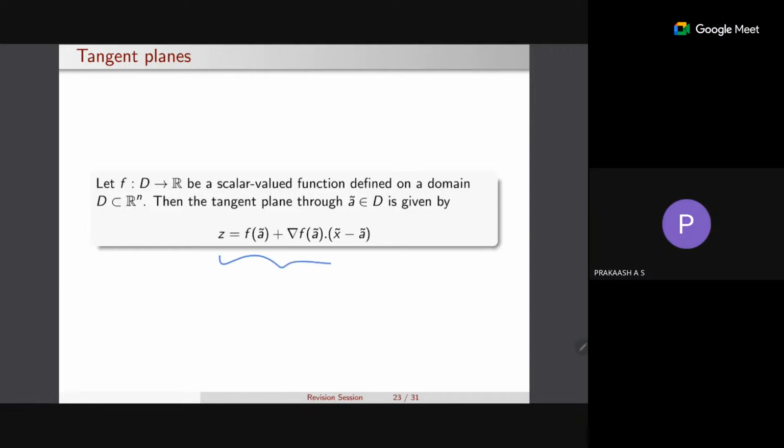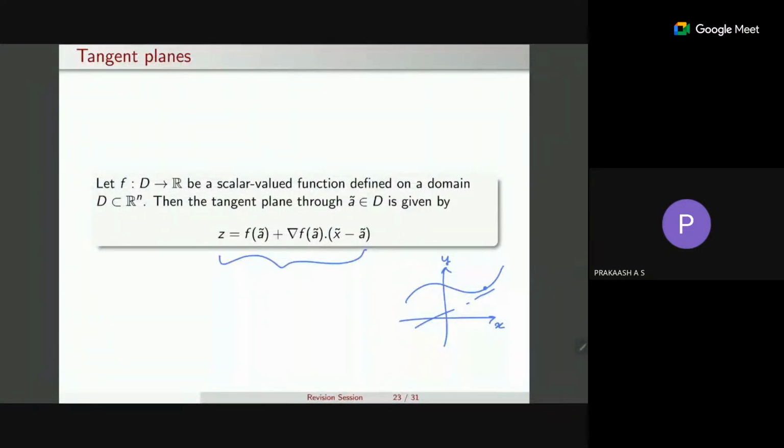The way to see this is analogous to what you have in one-dimensional calculus. So if you have a function y is equal to f of x, what is the equation of the tangent line?